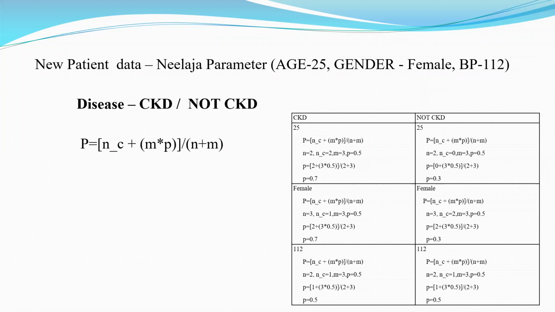We apply the formula, that is p is equal to (n_c plus m into p) whole divided by (n plus m). After applying this formula, we get the probability value.